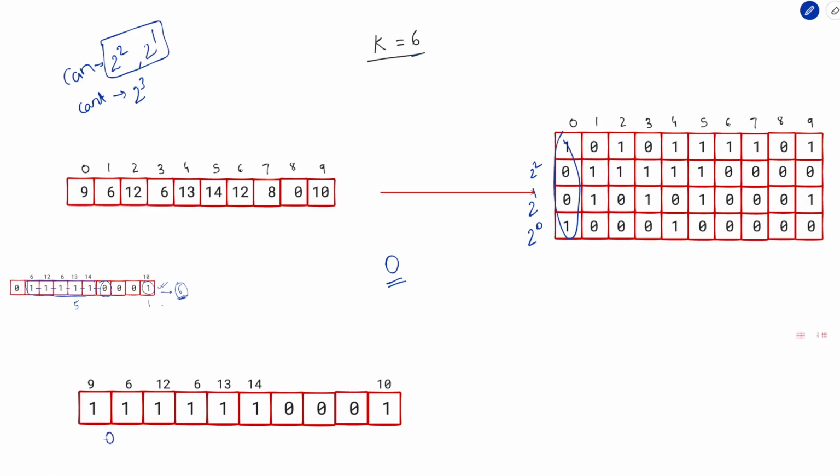So because the answer is 0 here, you will stop here directly. You will not take this 0 and bitwise AND it with 12.